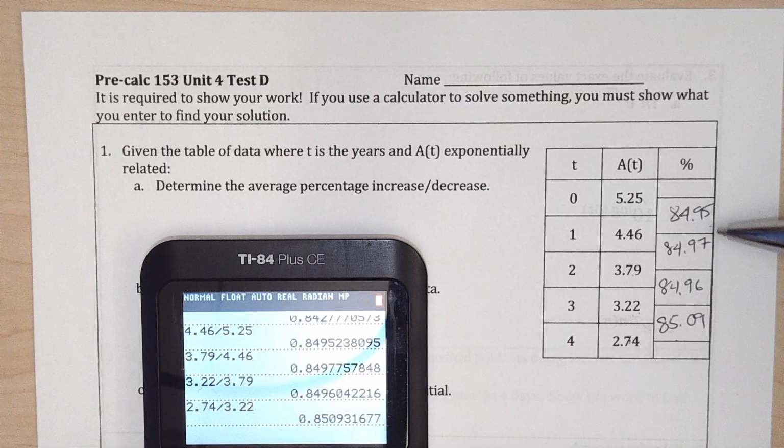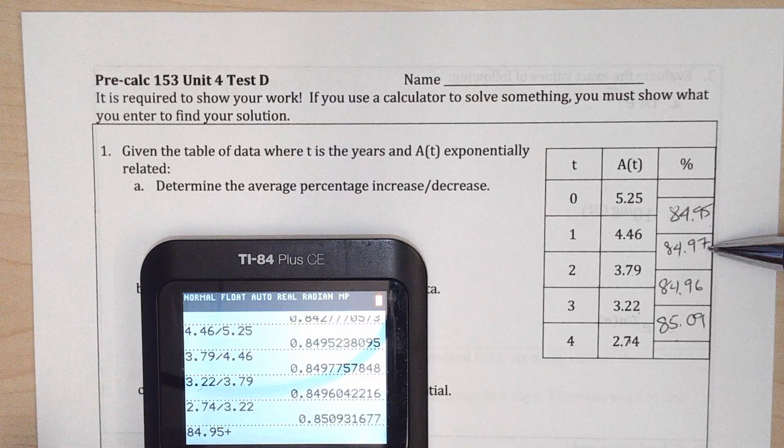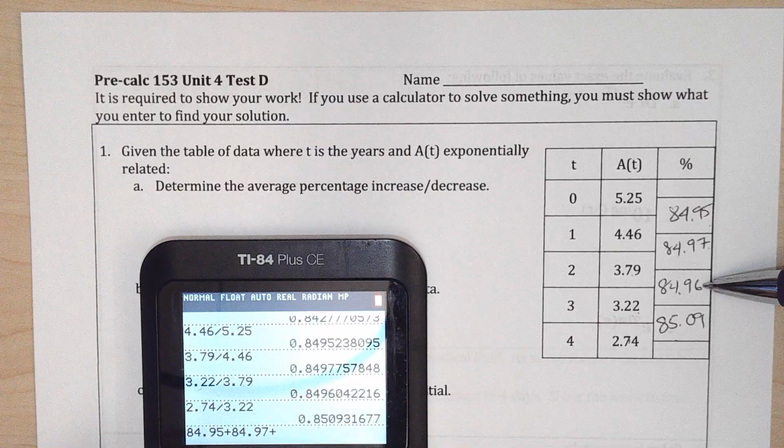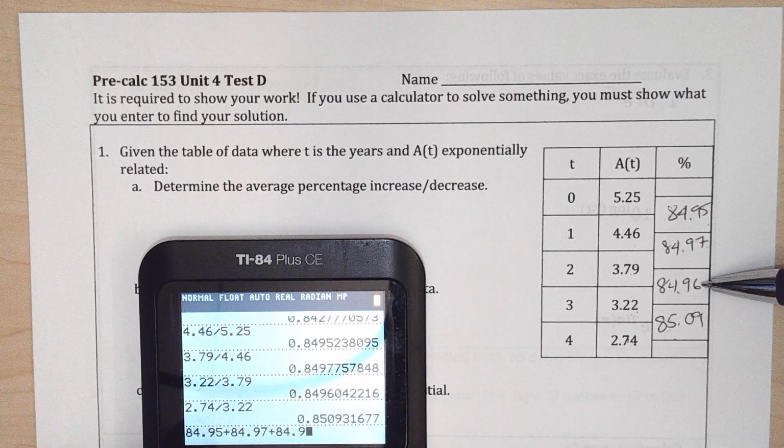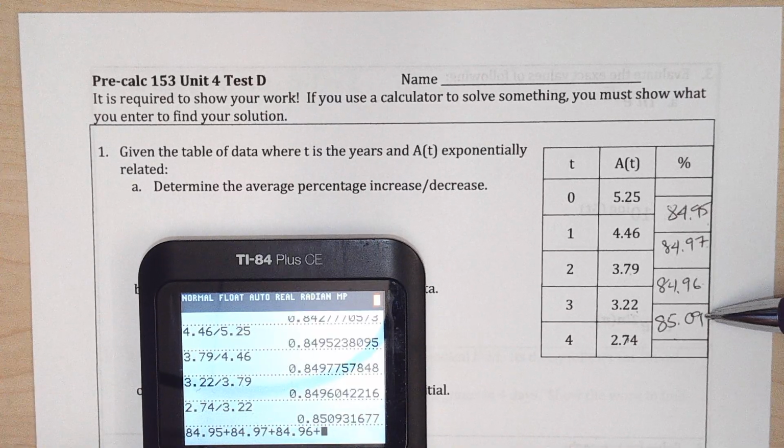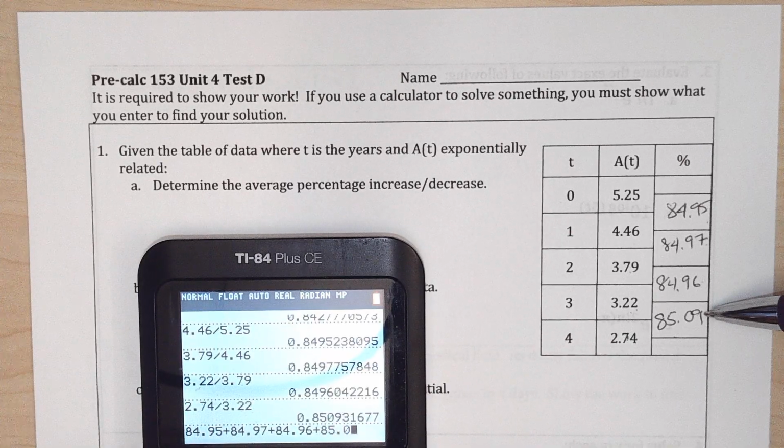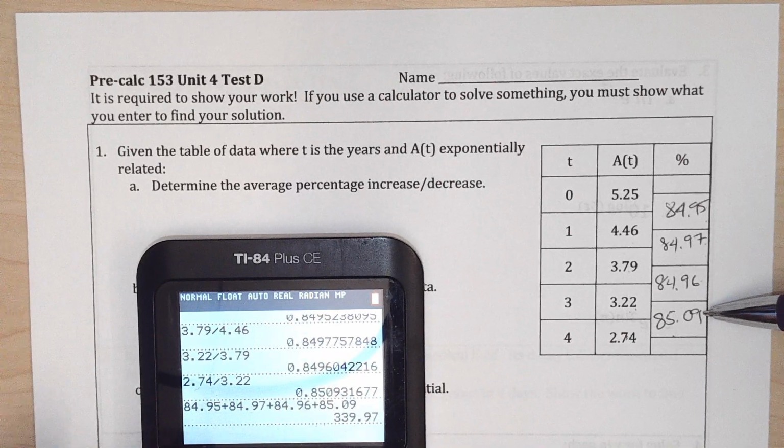Let's find this one a little bit more accurately by adding these up. 84.95 plus 84.97 plus 84.96 plus 85.09. Enter.